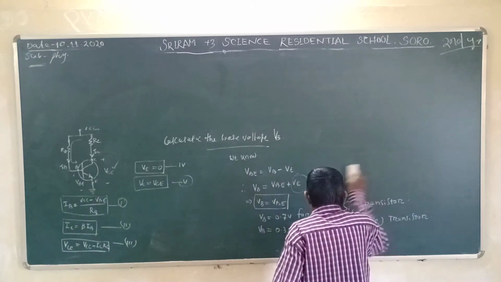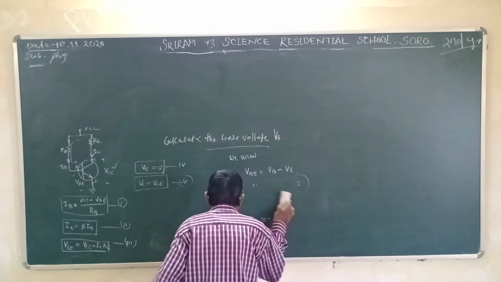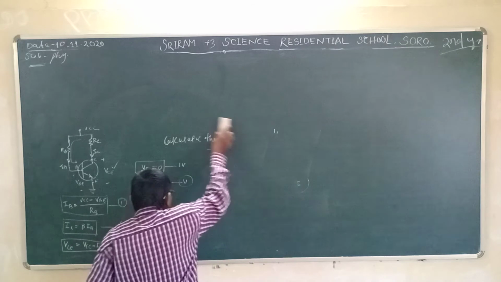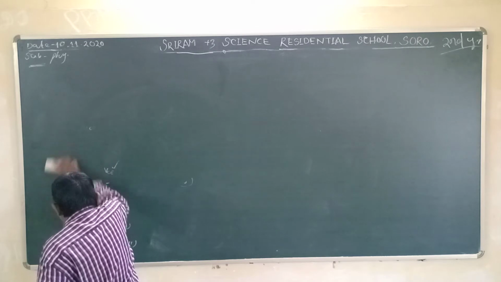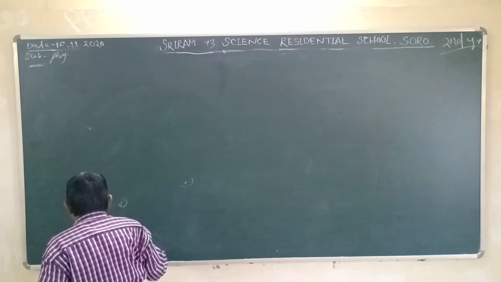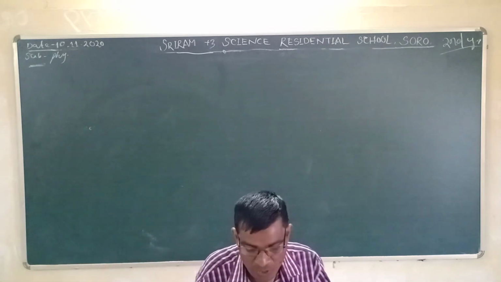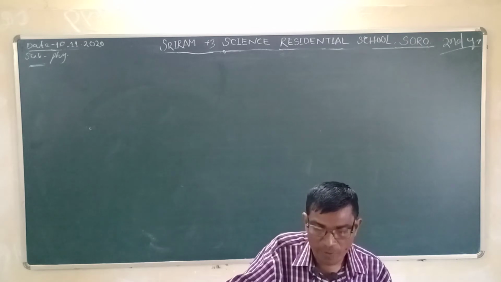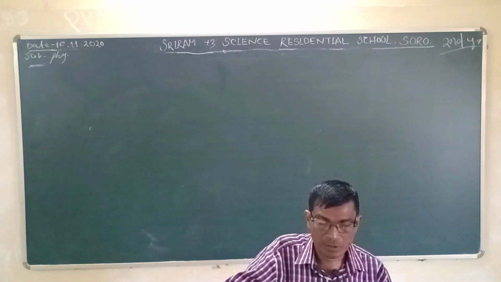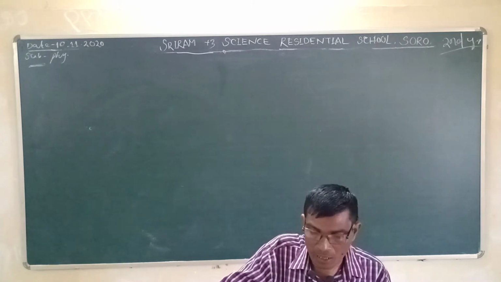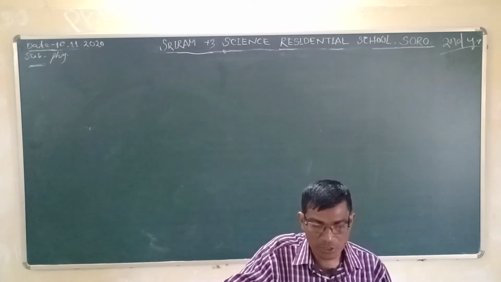Now again, a review. Fixed bias is also known as the resistor biasing method. Fixed bias means a resistor is connected to the base with supply voltage VCC.